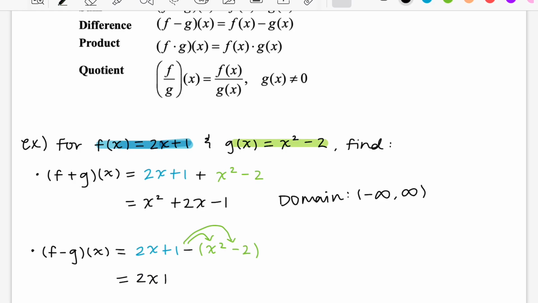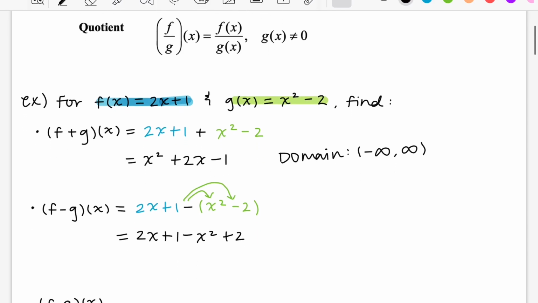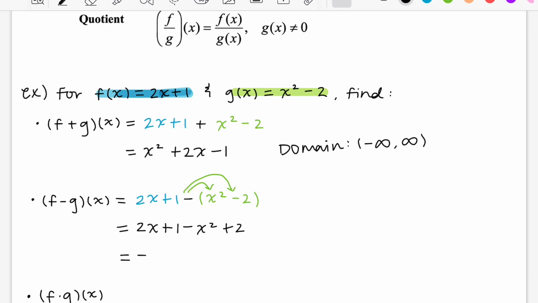So we'll get 2x plus 1 minus x squared plus 2. So we'll end up with minus x squared plus 2x plus 3. And then again, we have a polynomial, so we know the domain is just going to be all real numbers.